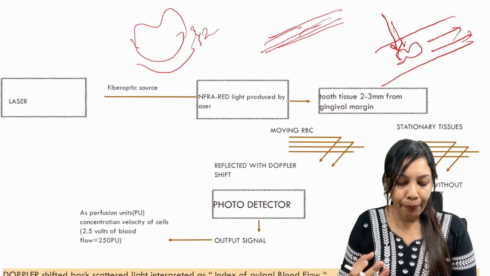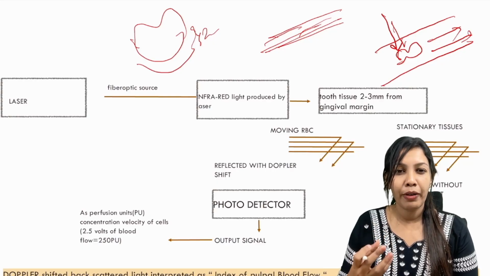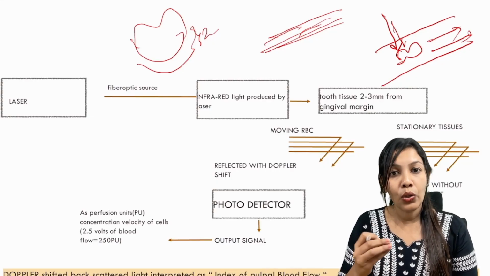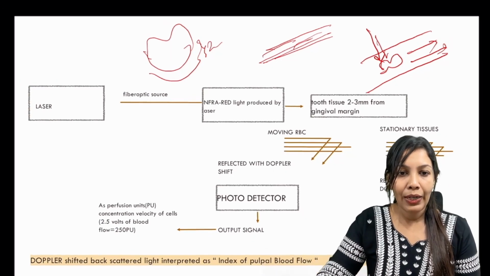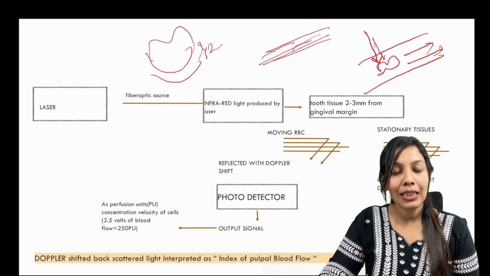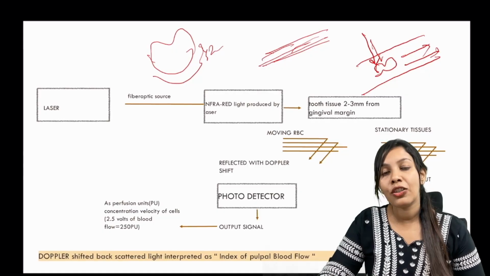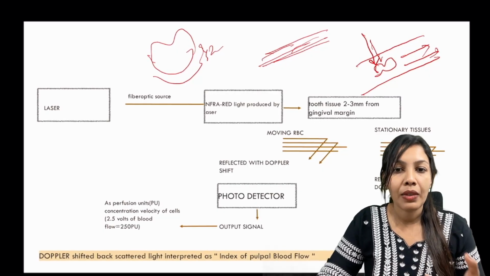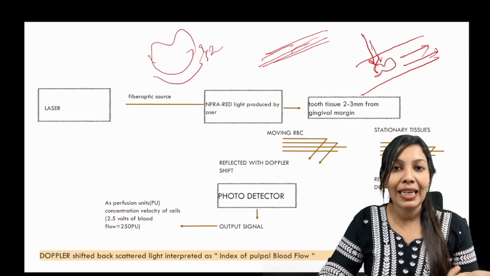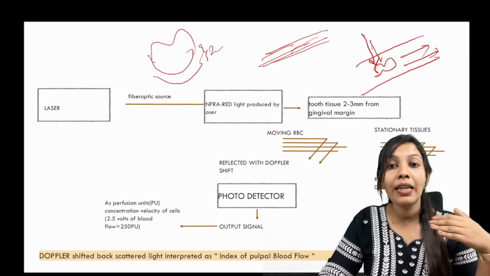Laser Doppler flowmetry is based on the Doppler principle. The Doppler-shifted back-scattered light is interpreted as an index of pulpal blood flow. That is how we calculate the number of signals that come out from a moving RBC.